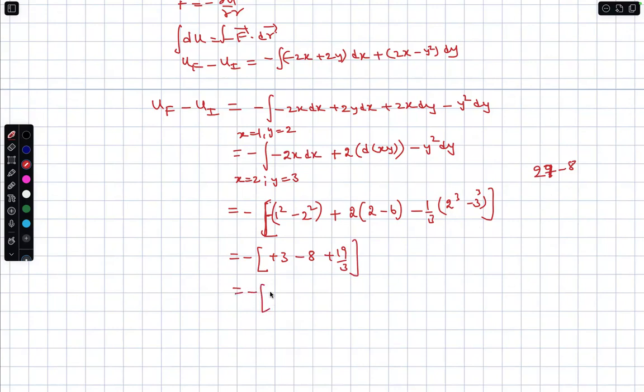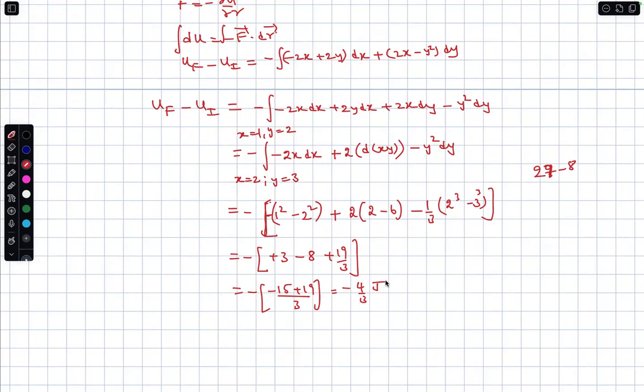So minus of minus 15 plus 19. Is that correct? 3 minus 8 is minus 5, minus 5 into 3 is minus 15, plus 19 by 3. After all this, what we got is minus 4 by 3 joules.